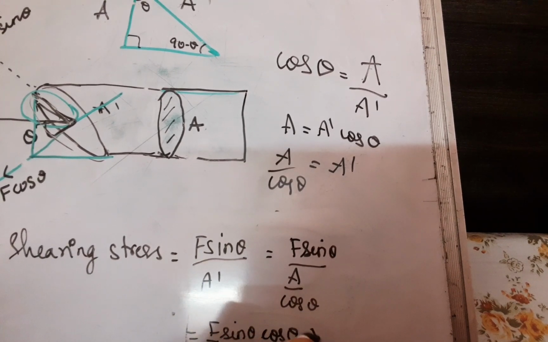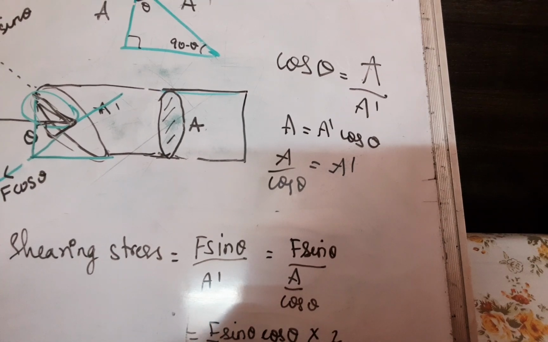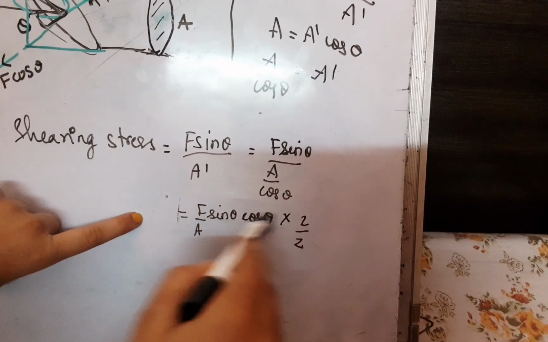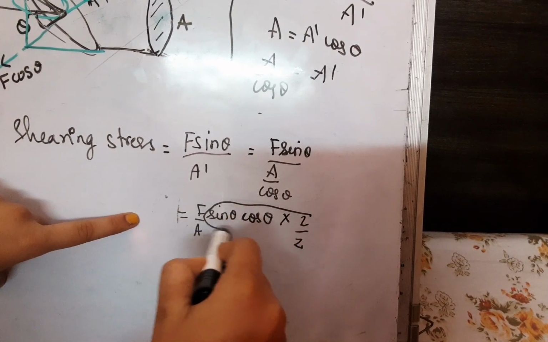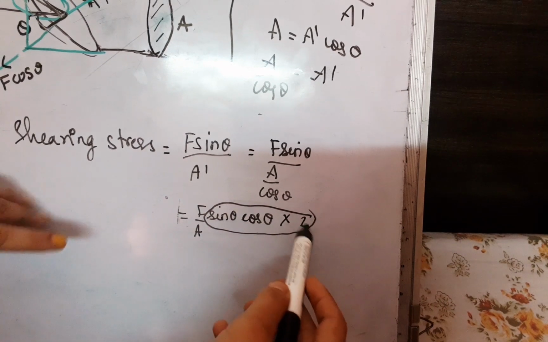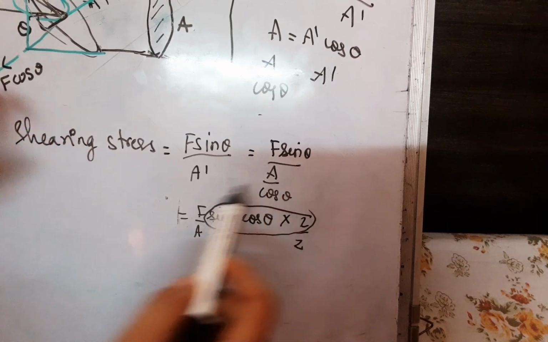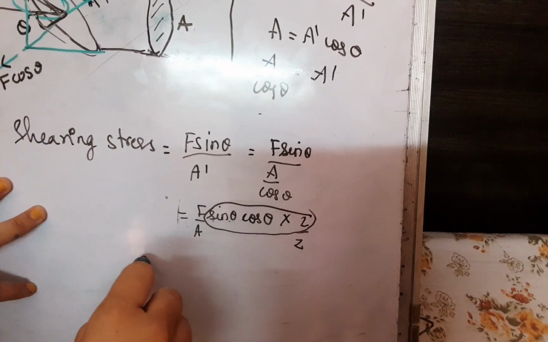Now what I will do, I will multiply and divide by 2 and 2. So what it will become? Can you see? What is this? 2 sin A cos A equal to sine 2A. That is a trigonometry formula.